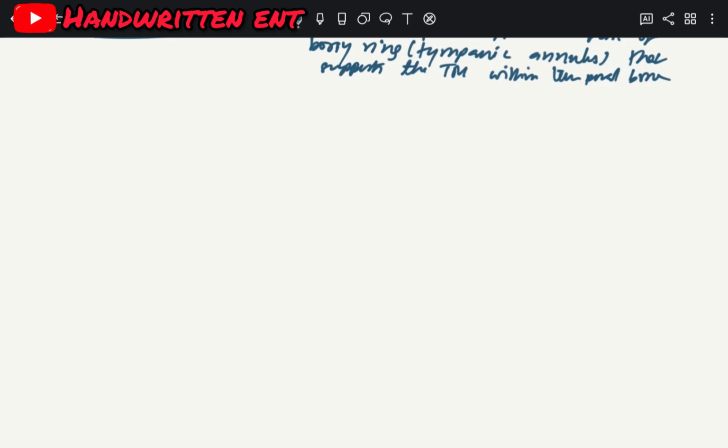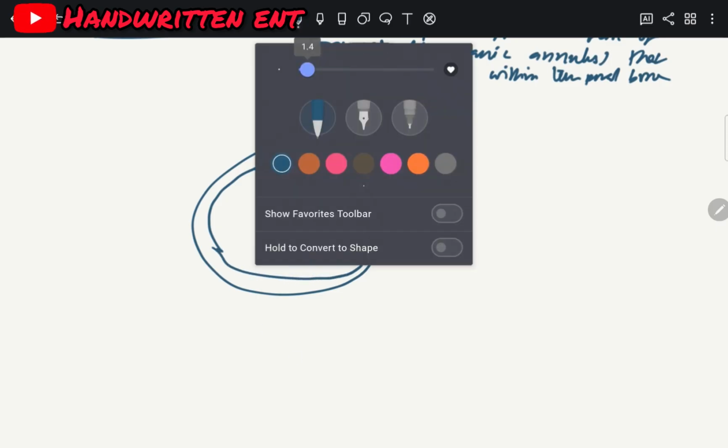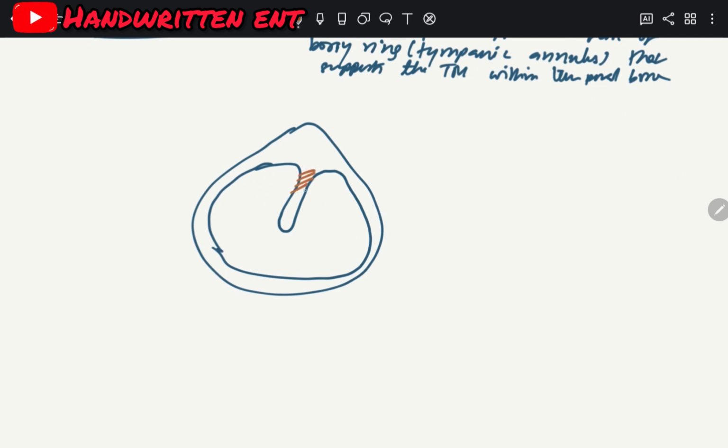So let me draw a simplified diagram for you. So suppose this is our tympanic membrane. This is the handle of malleus.